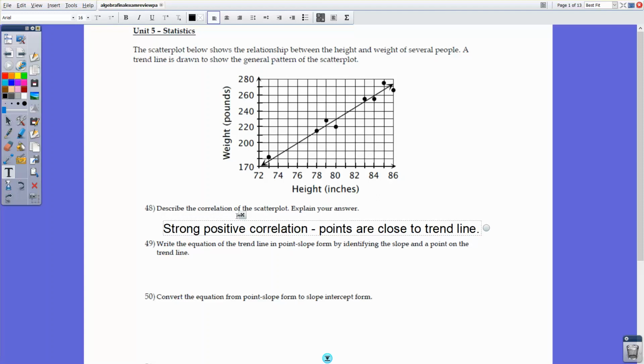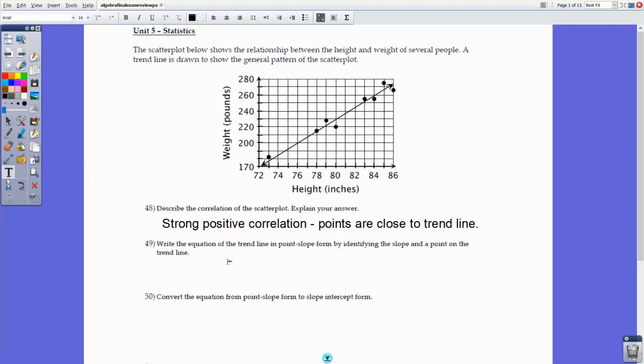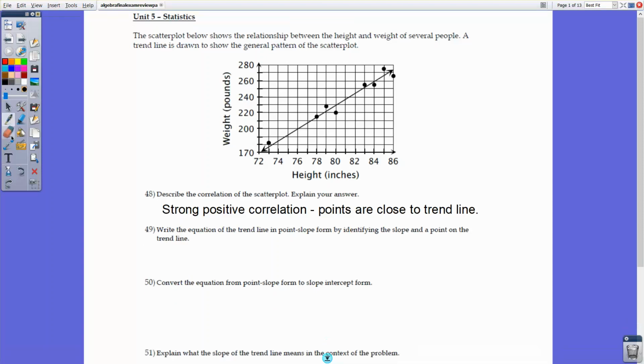Write the equation of the trend line in point-slope form by identifying the slope and a point on the trend line. The way the trend line is drawn, let's find a couple of points we can get the slope for. This point looks pretty good, and this point here is also a pretty good point to use.